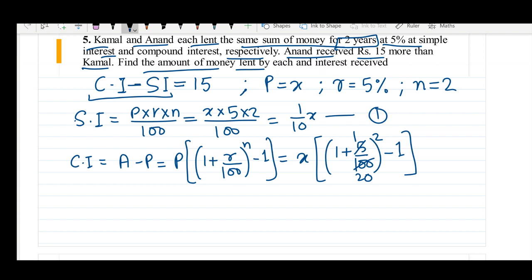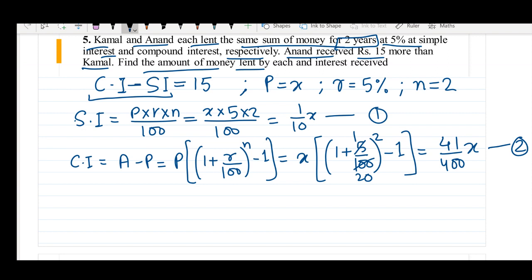So we'll simplify. We have done this in the previous question. So it is 21 by 200, that is 400. So we'll simplify. It will be 41 by 400 times X. Let it be equation number 2.